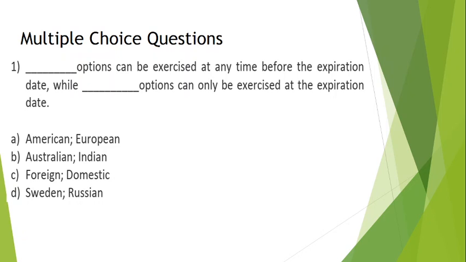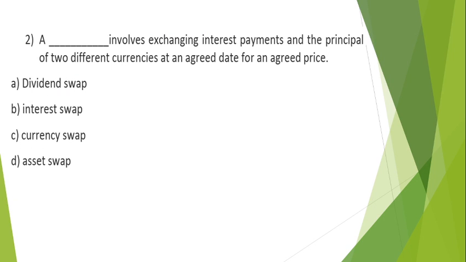Option C, foreign, domestic. Option D, Sweden, Russian. So what could be the answer for this? The answer is option A, American. Options can be exercised at any time before the expiration date, while European options can only be exercised at the expiration date.